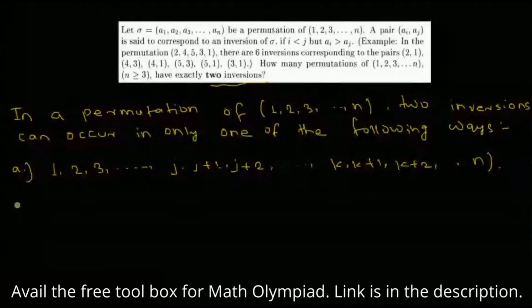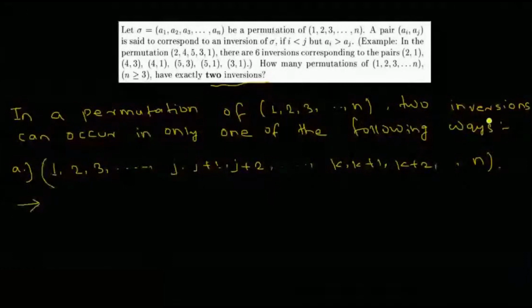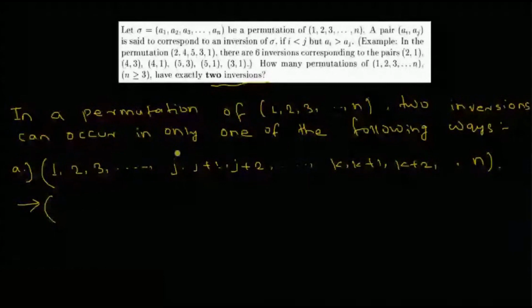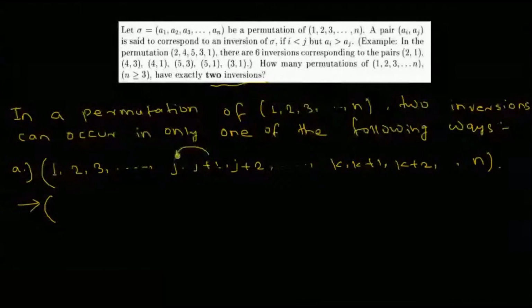If I change this position, from j, so that j plus 1 comes here and j comes after it, then how many inversions are formed?